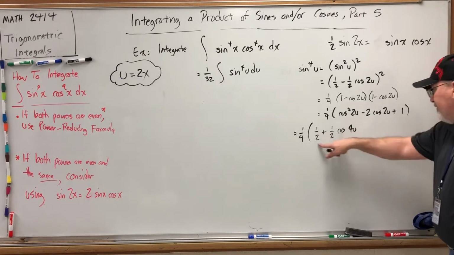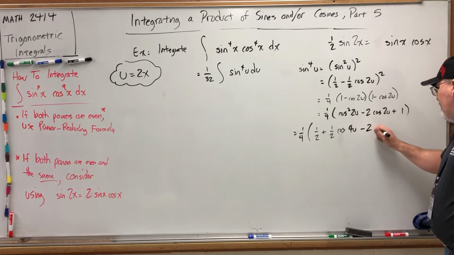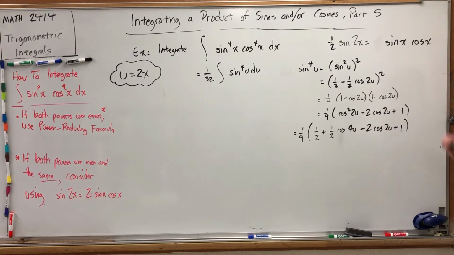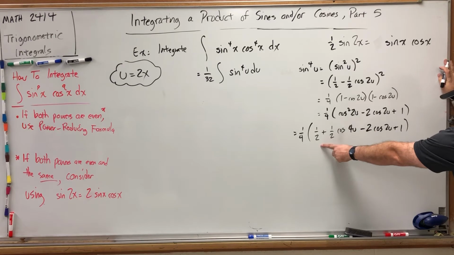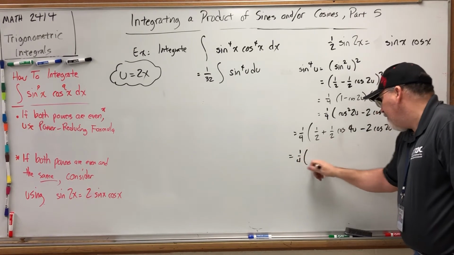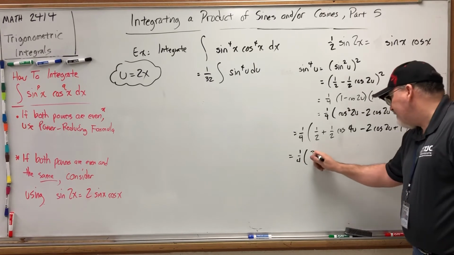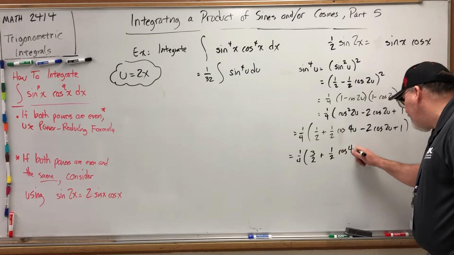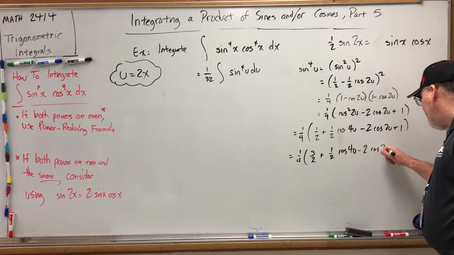So this becomes that, and we still have all this. And at this point, I think I'm ready to integrate. All these trig functions are just single powers. I do have a couple of like terms I should probably combine. So let's go ahead and do that. 1/4, 1/2 plus 1 is 3/2, plus 1/2 cosine of 4u minus 2 cosine of 2u.